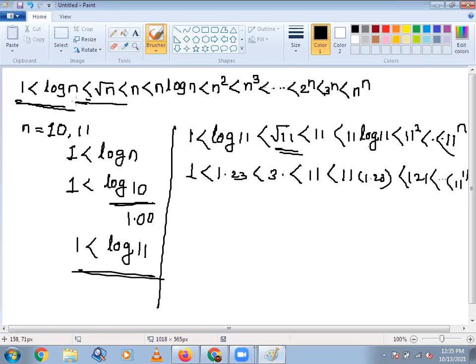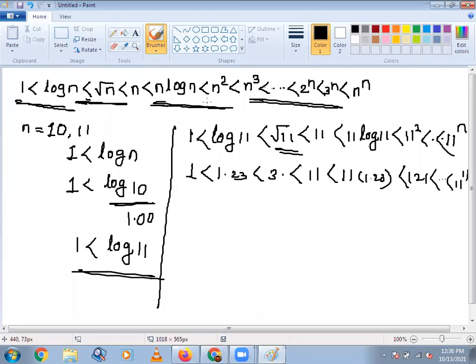This is the general equation for asymptotic notation. If you are taking values less than 11, then this equation cannot be satisfied for all points.